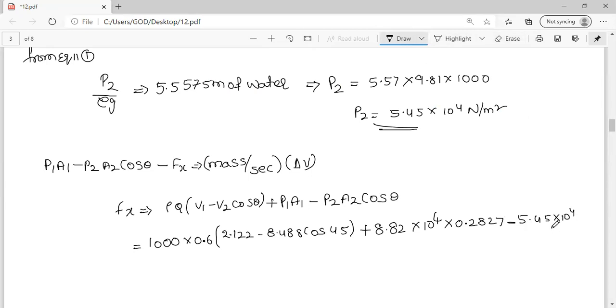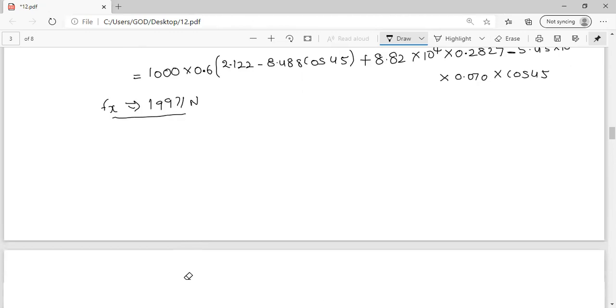P2 is 5.45 into 10 to the power of 4 into area 2, which is 0.070, into cos 45. If you solve this equation, you'll get the force along x, which comes out to be 19971 newtons.